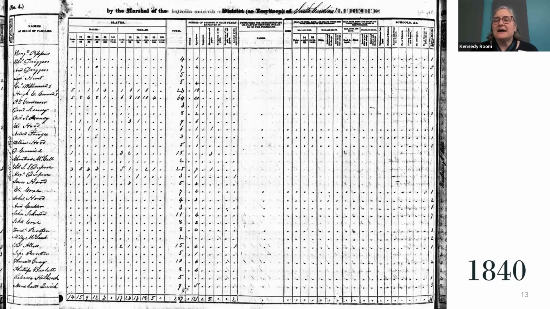On the back, it asks questions about the number of persons in each family employed in mining, agriculture, commerce, manufacturing, trade, navigation of the ocean, navigation of canals, lakes, rivers, and learned professional engineers.